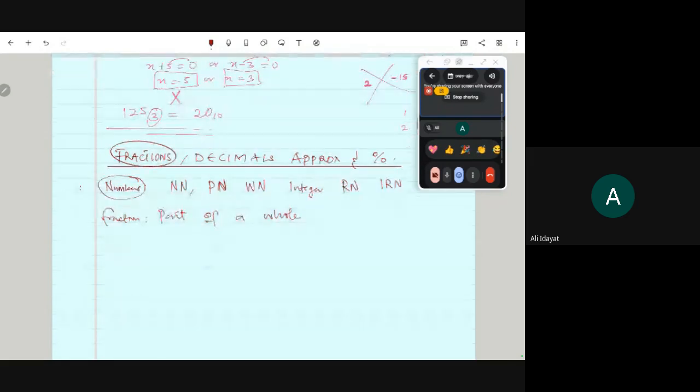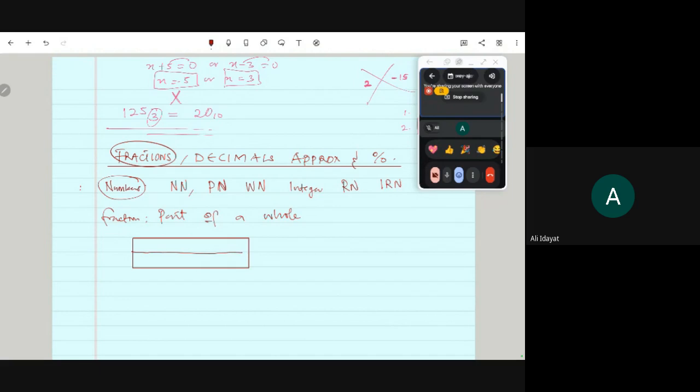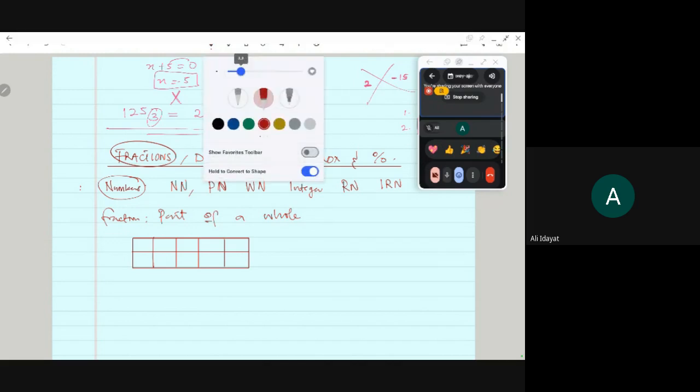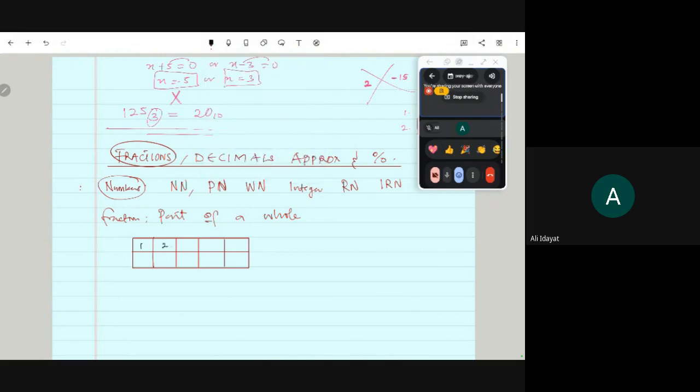For example, I bought a box of chocolates and I divided it into how many parts? 1, 2, 3, 4, 5, 6, 7, 8, 9, 10. Remember that this chocolate is one before. I now divided it into 10 parts.